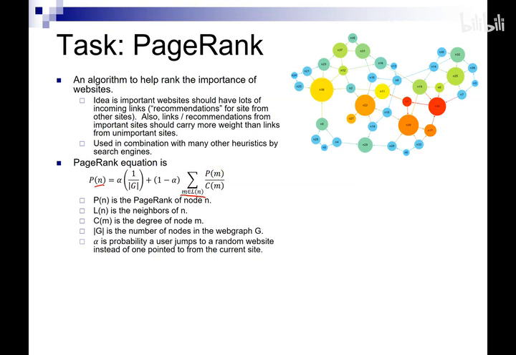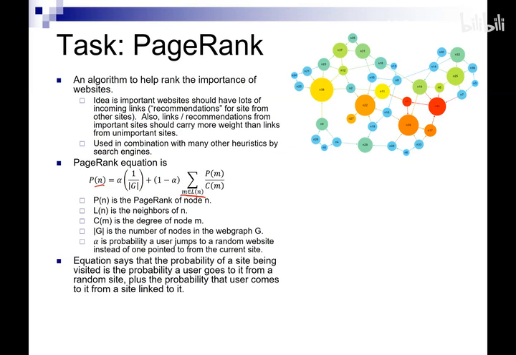P of m is the PageRank of the neighbor m, and we're going to divide this by the degree of that neighbor. Then we're going to multiply this by this factor 1 minus alpha, where alpha is a number between 0 and 1. Then we add this to this other part, alpha times 1 divided by G.